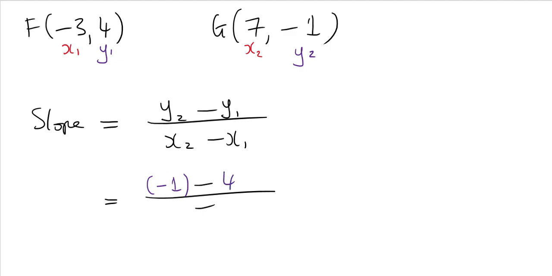Our x2 now is going to be 7, and our x1 is going to be minus 3. And again, if we fire all that into our calculator, we will get the answer. So that's going to be minus 5 over 7 plus 3 is 10. So minus 5 over 10, your calculator is going to tell you minus a half. Is that right? Minus a half. Done.